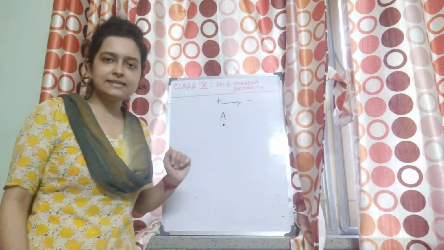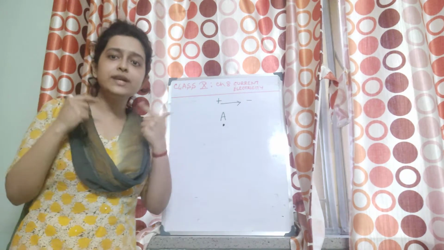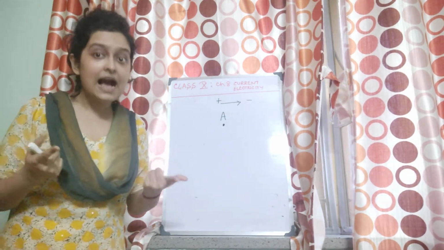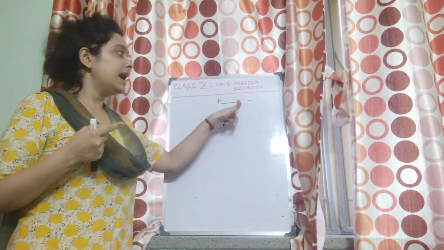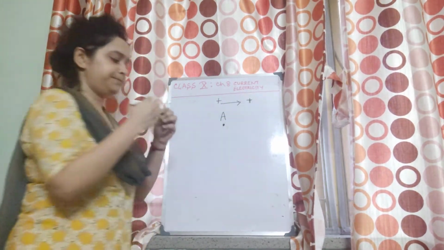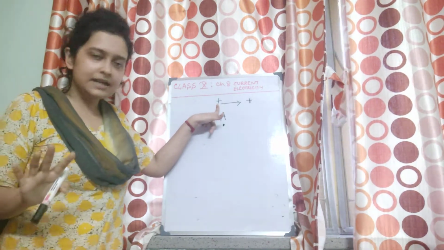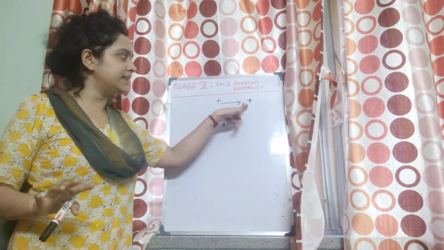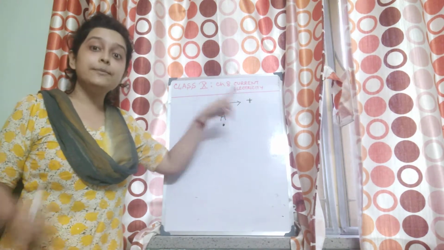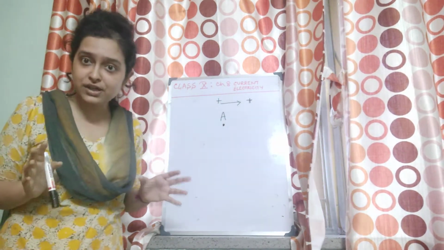So that means if I try to bring a positive charge near a negative charge, I am doing some work. Say this is a positive charge, first case. Some work is done in bringing this positive charge near the positive charge by overcoming the electrostatic force of repulsion.